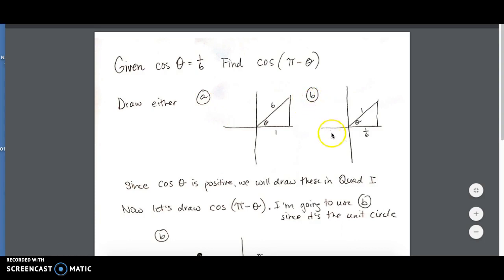I have decided to use this one because it does involve use of the unit circle, and then I only have to know the x value at the point here on the unit circle. Also, you may be wondering how I knew to draw it in the first quadrant. We see that cosine of theta is positive 1/6, which means the x value is positive, so we're going to draw it in quadrant 1.